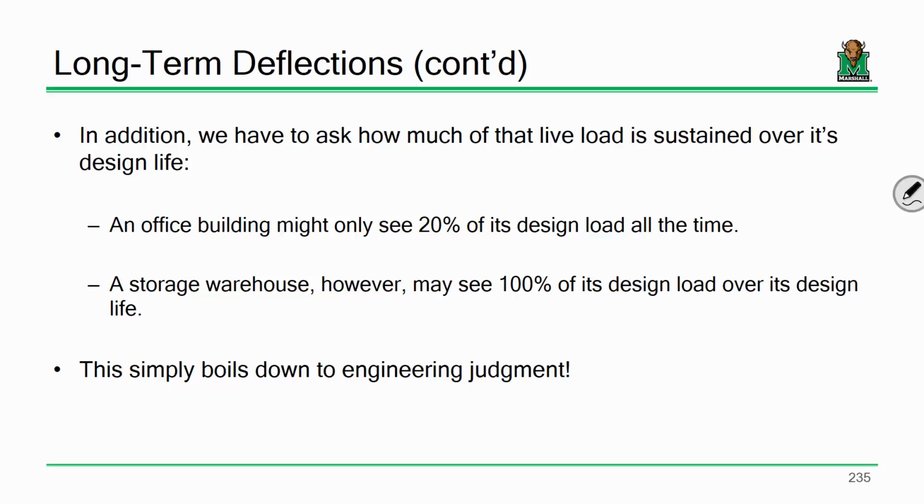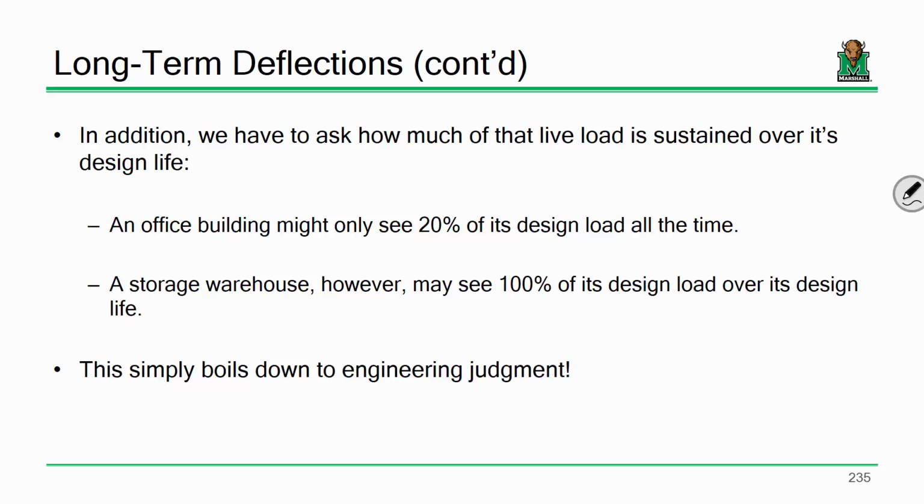So in a storage warehouse, you might see 100% of that design load sustained. Is there a hard and fast rule, like if you're designing this building, take it to be 20%, or take it to be 40%? No. This is just engineering judgment. You look at the system and decide what makes sense. You've got to use your judgment as to what value is appropriate. It just depends on the project you're working on, okay?